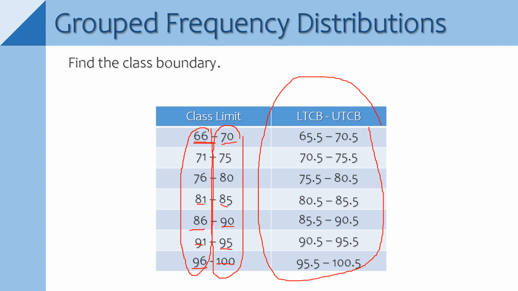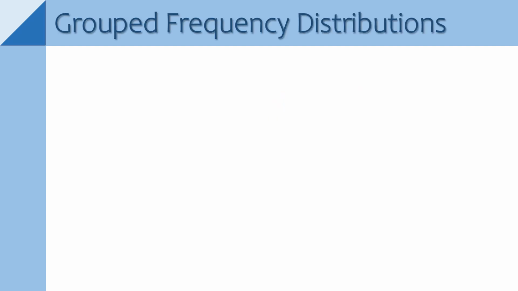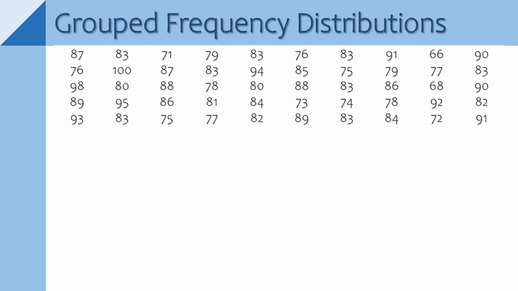Okay, so etong class boundaries, ginagamit natin to sa paggawa ng histogram. Okay, so tapos na tayo sa ating first step. So magpo-proceed tayo sa second step, which is the tally and getting the frequency.